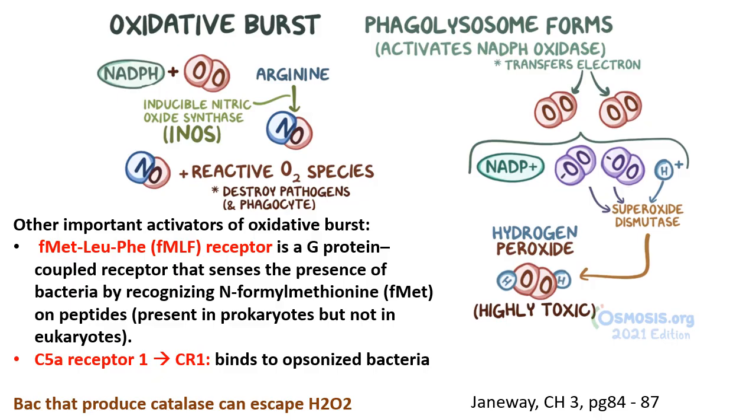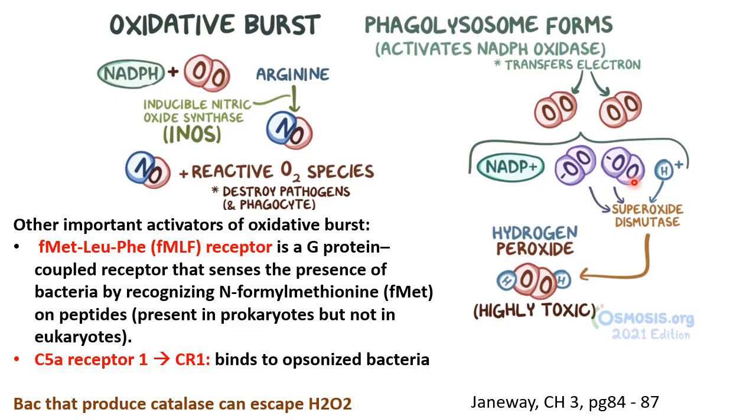So I put this slide here just to review what you need for oxidative burst. You are going to need molecular oxygen. You are going to need an electron carrier because you're going to put an electron on molecular oxygen. Remember, your electron carrier is NADPH. And the enzyme that you use for transferring electrons to the oxygen is NADPH oxidase.